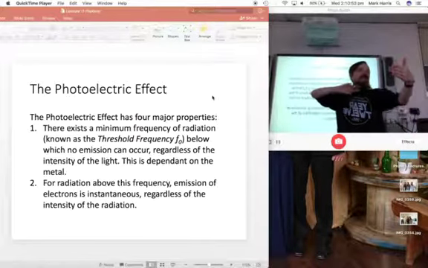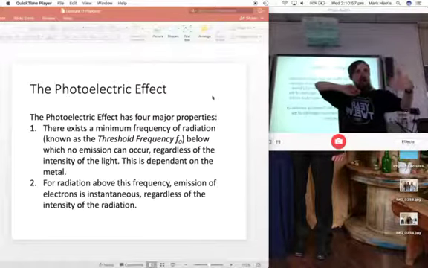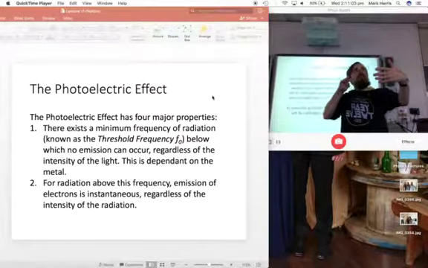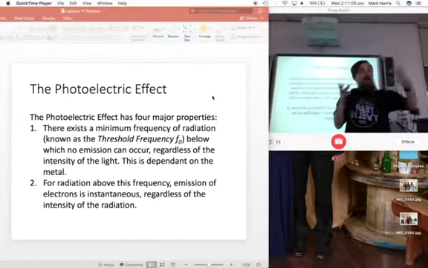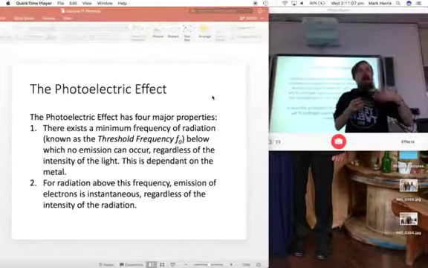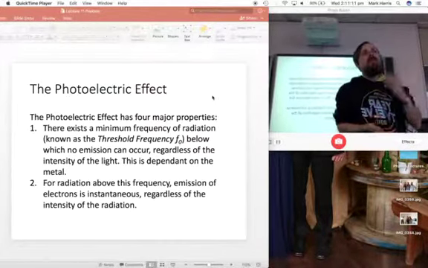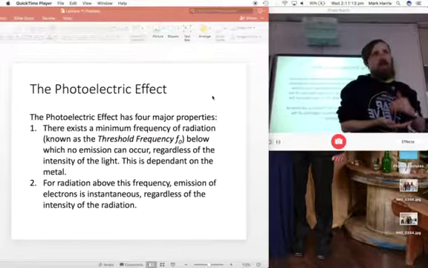You start in your radio waves and you get nothing. There's no electrons coming off. You turn it up, and now you're into your reds. It's still nothing. And you get past green and suddenly electrons start coming off. That green, whatever frequency it happens to be, would be the minimum threshold frequency.